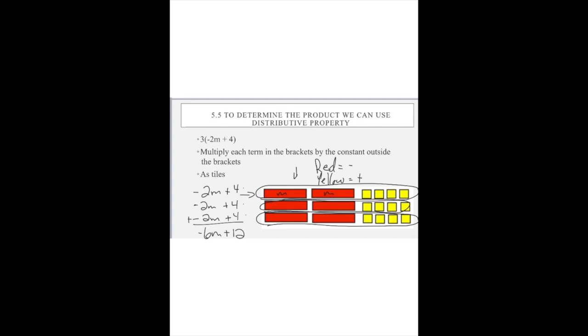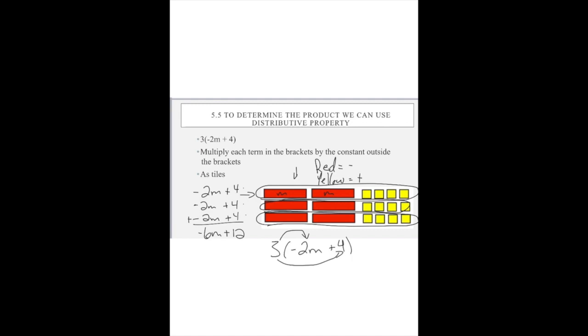We could also look at it in the manner of a multiplication sentence. So if we have 3 sets all the same of negative 2m plus 4, we can then use the distributive property to figure this out. So we have to multiply 3 times the negative 2m and then 3 times the 4.